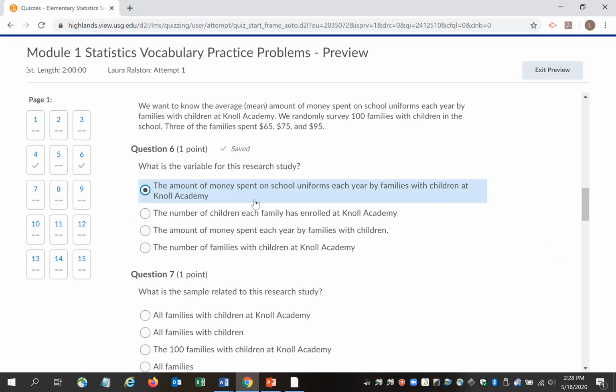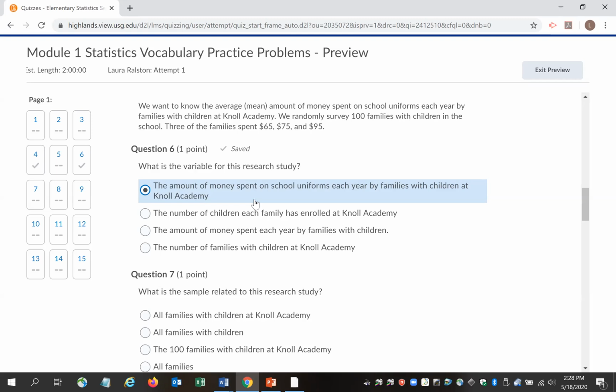I would have to walk up to a family and say, how much money did you spend on school uniforms? So the variable is the amount of money that they spent, because that's what they're going to respond to me. That's what that last sentence says, 3 families spent. I went up to family number 1 and said, how much money did you spend on school uniforms this year?